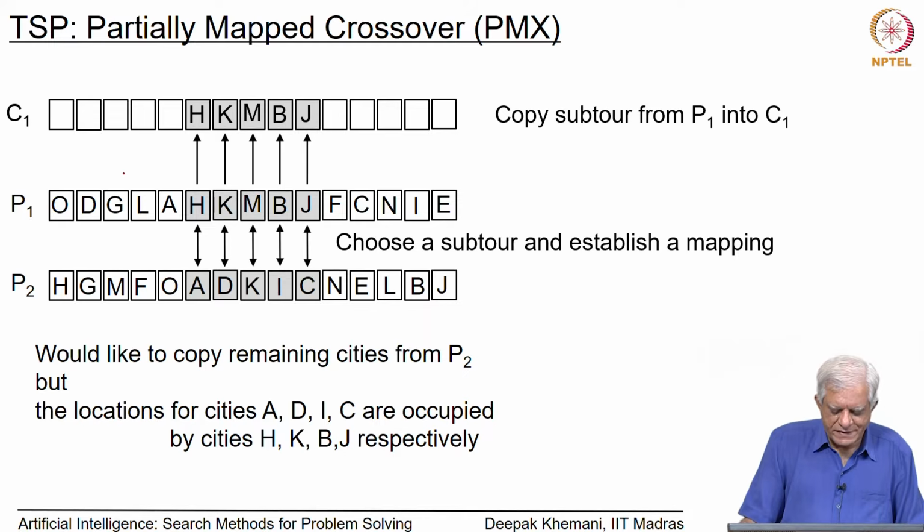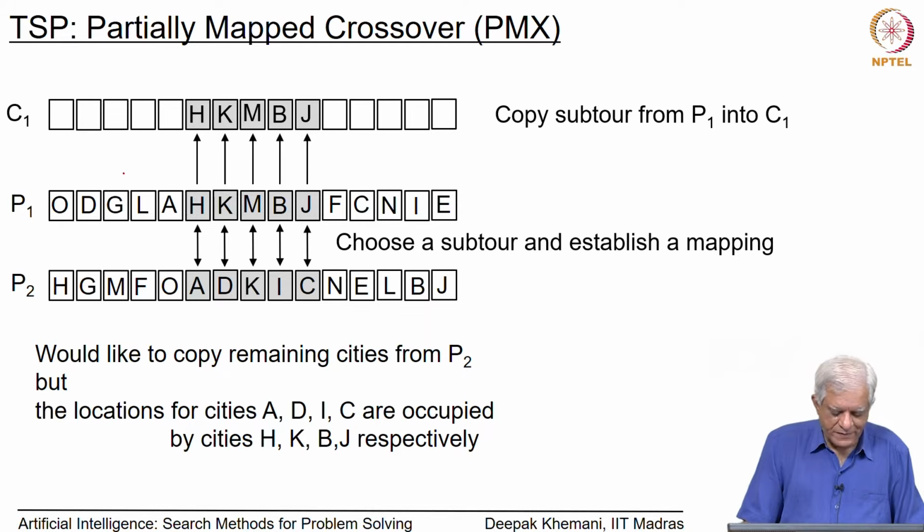Of course, K is there in both, so it does not matter, but we have to worry about where we will place A, D, I and C in child 1, because the position of A, D, I, C from parent 2 is already occupied by the subtour that we selected from parent 1.